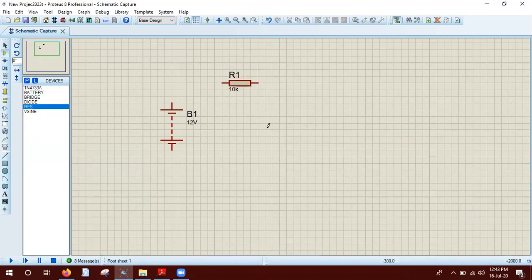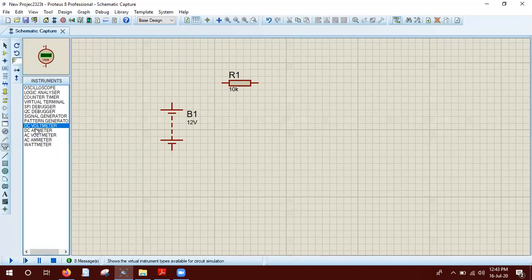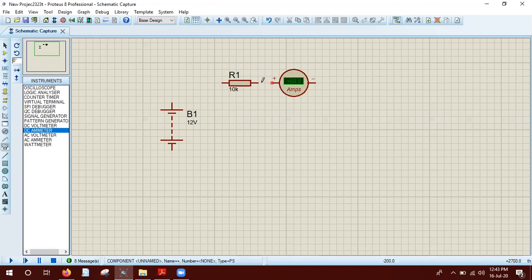We want to see all the currents and all the voltages of the circuit, so we will add an ammeter. We all know that the ammeter should be connected in series, not in parallel. We want to see the current across this, so we introduced an ammeter here. Now we want to see the voltage of this, so we introduced a voltmeter here.